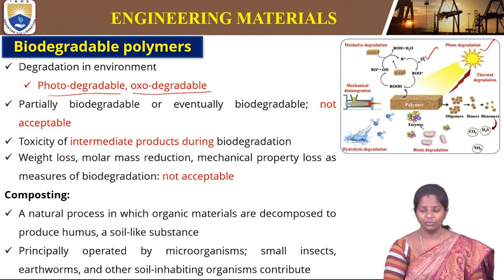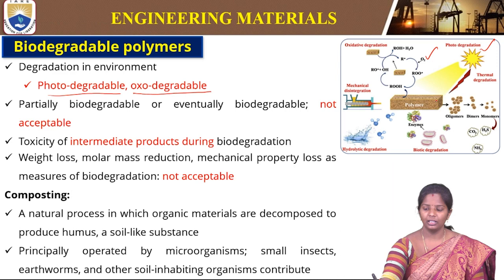Whenever a biodegradable polymer is exposed to sunlight, some reactions take place. It converts to oligomers, dimers, monomers, and ultimately releases some gases. It is breaking down the chains and interlinks present in that particular polymer.